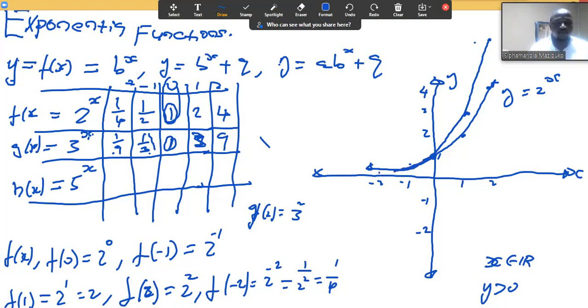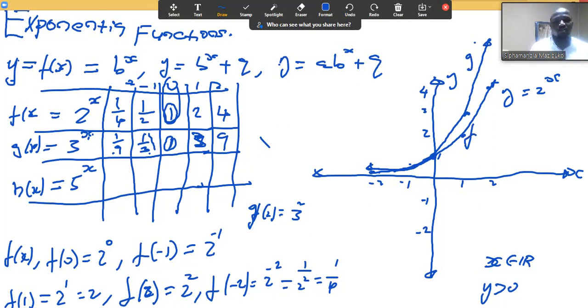It will be just below that one here, but here it will be above this one. You see, it will be above f of x. So that will be graph G, and this is graph F.